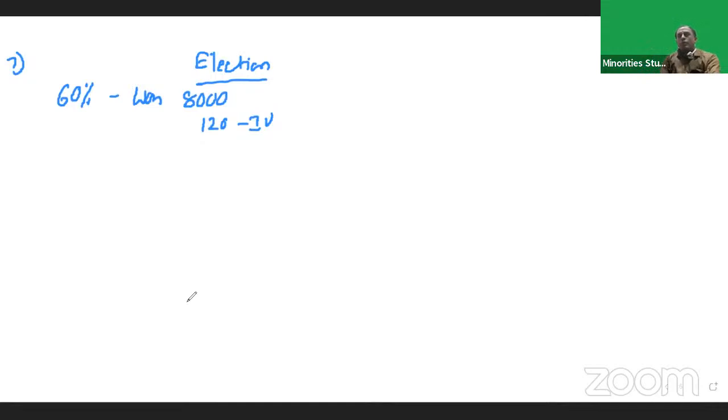See here, at an election, two candidates participated. A candidate got 60% of votes and won with a majority of 8,000 votes. 120 votes are invalid. Then find the total poll votes.